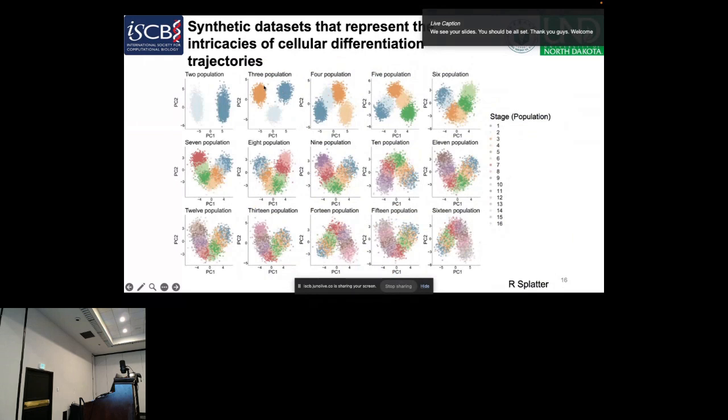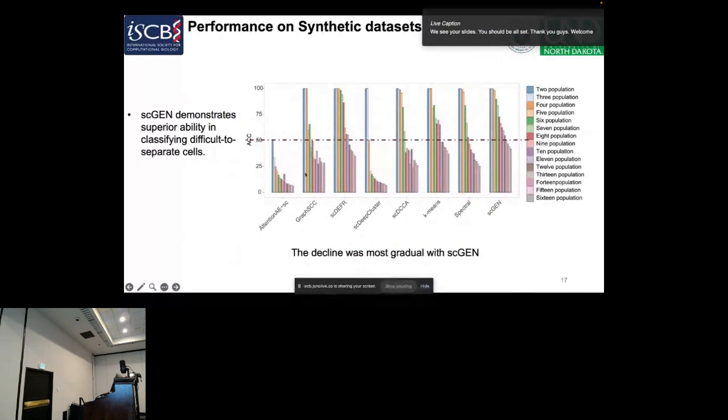Next, we generate synthetic data to check how well scGEN handles complex differentiation trajectories. While all methods show reduced accuracy as the trajectory complexity increases, scGEN keeps high accuracy, and its decrease is far more gradual.